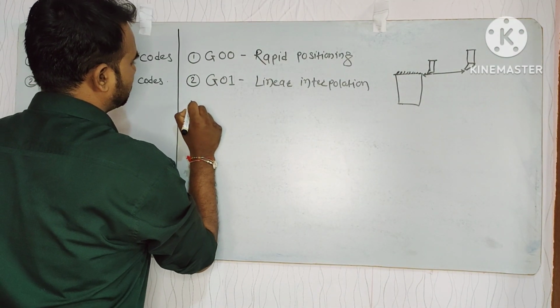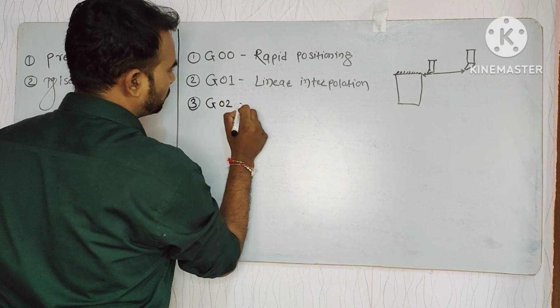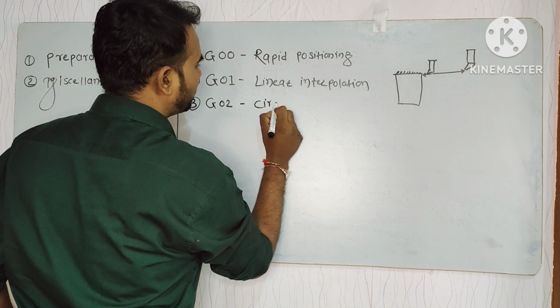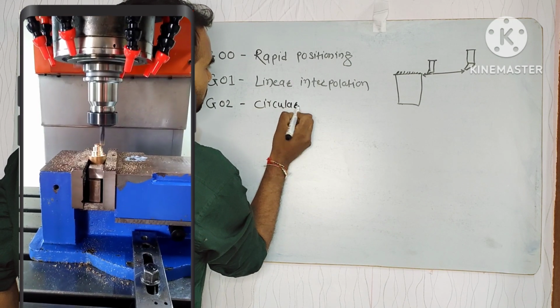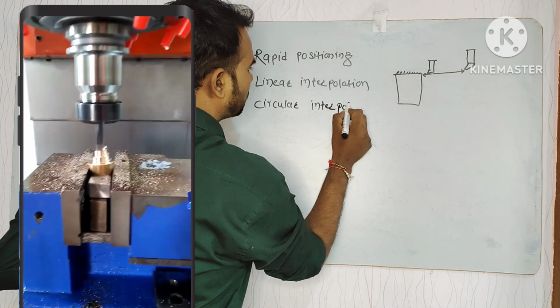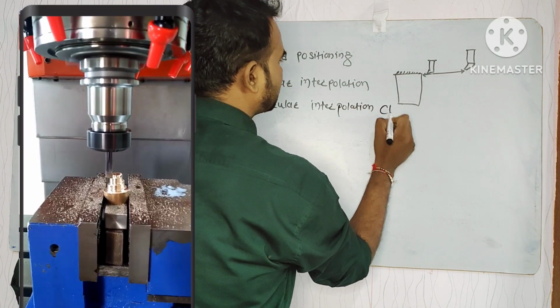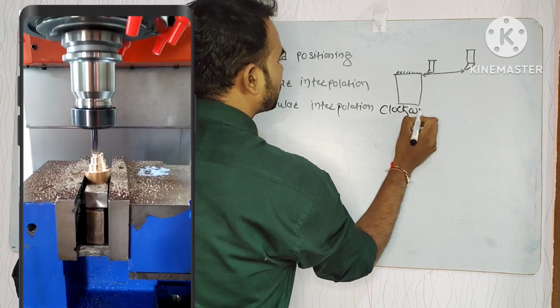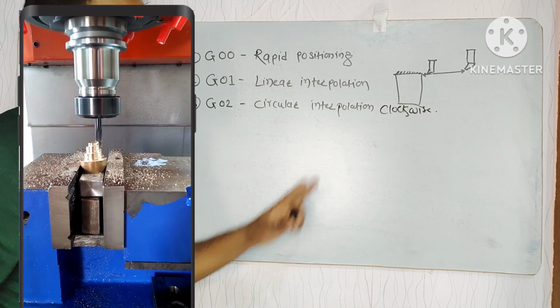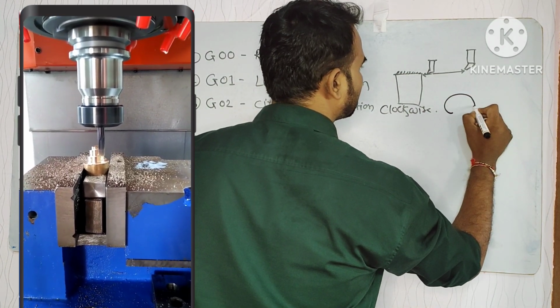Third one is G02. This is circular interpolation clockwise. Clockwise means it cuts the job in the clockwise direction.